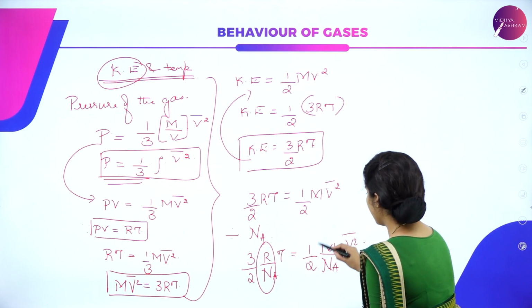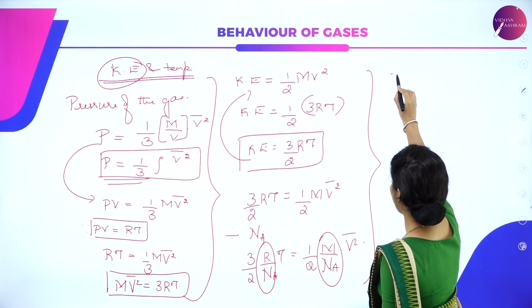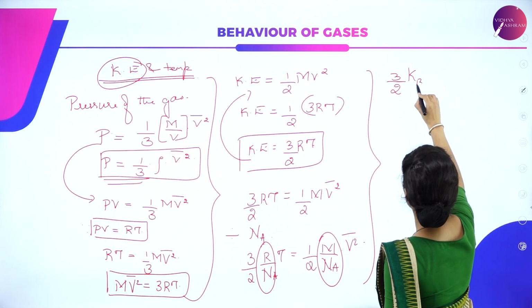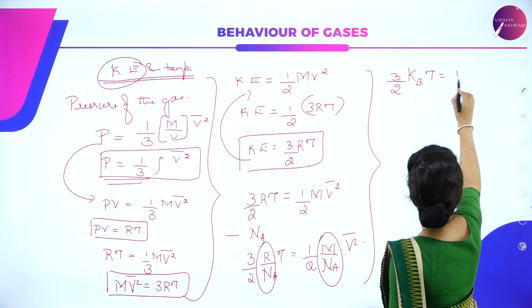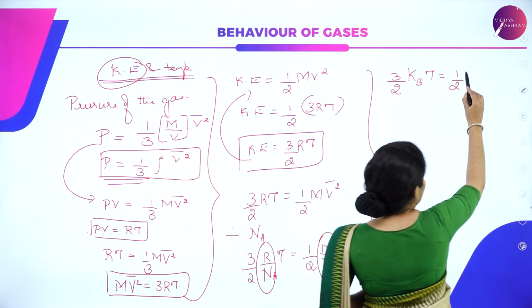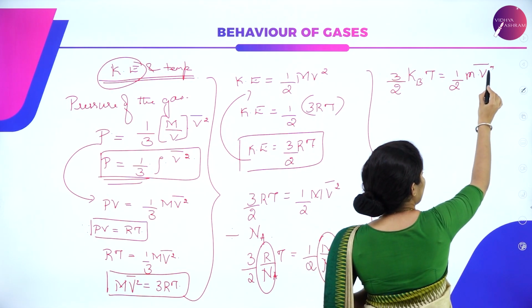R by Na and m by Na give one simplified equation. So we have 3 by 2 R by Na, which is nothing but the Boltzmann constant, into T is equal to half into m by Na, which is nothing but your small m, as well as v bar square.